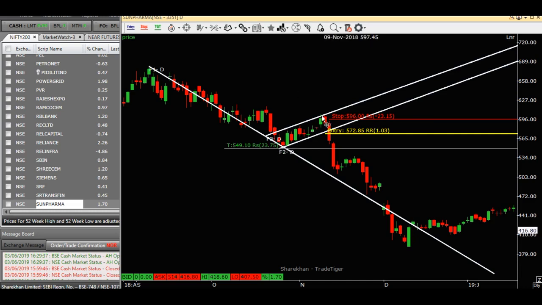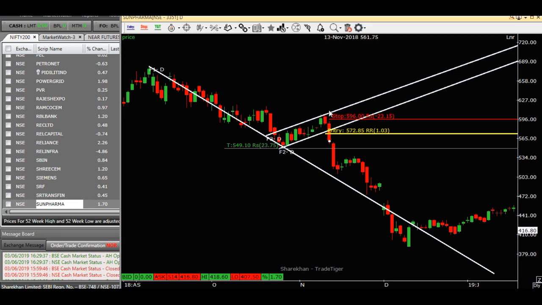Now another way to decide the target for this, if you want to make it a bit more complicated, we can calculate the distance from this lower end to this top of the flag here.